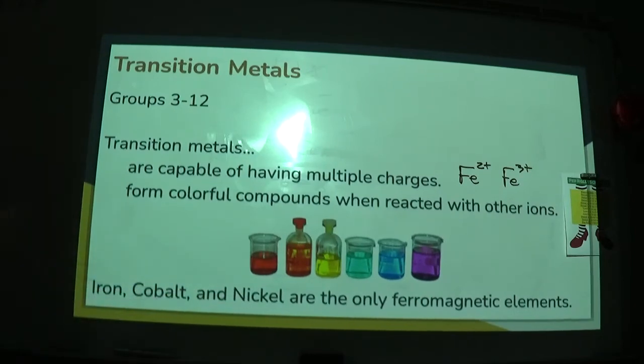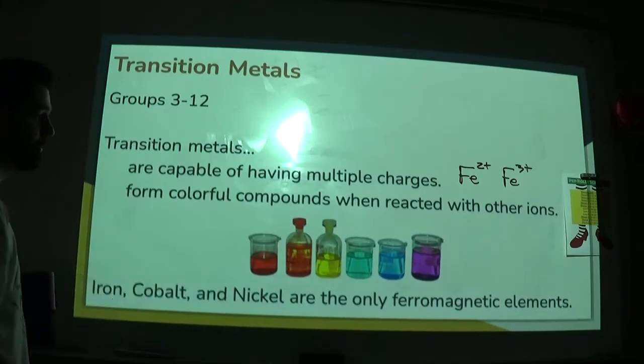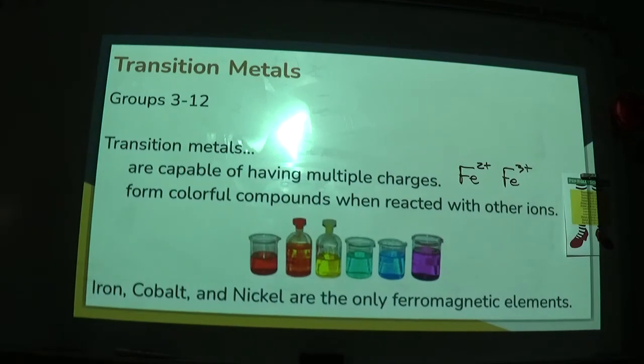Where are they on the periodic table? They're in the middle, but more specifically, are they close to each other? Yes, they're right next to each other: 26, 27, 28. So our three ferromagnetic elements are in the transition metals.